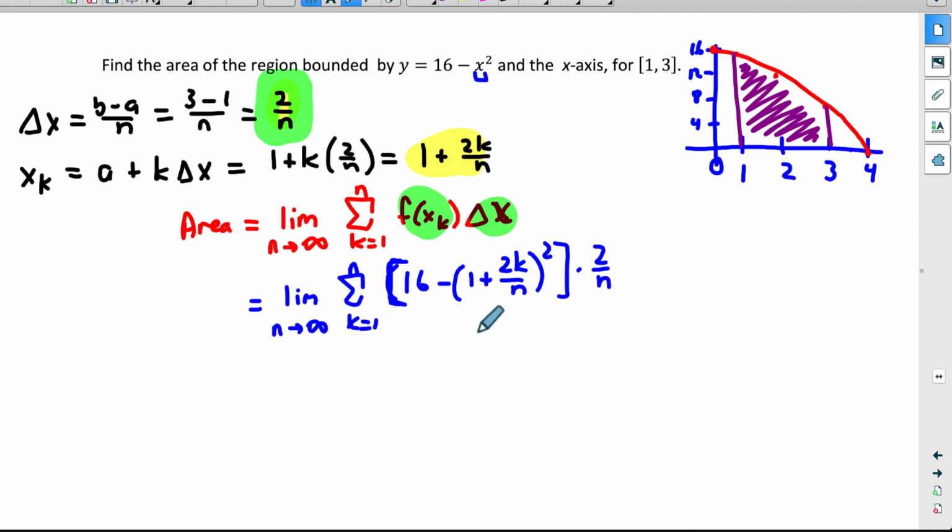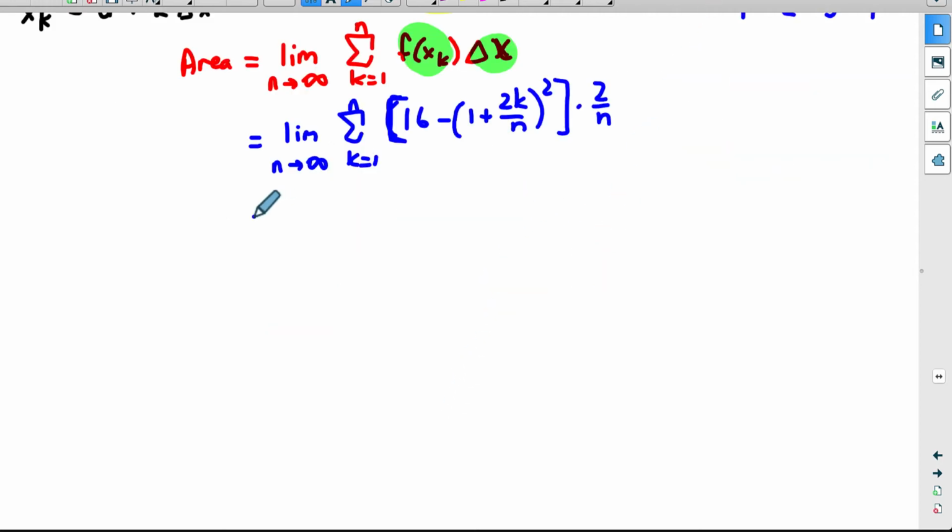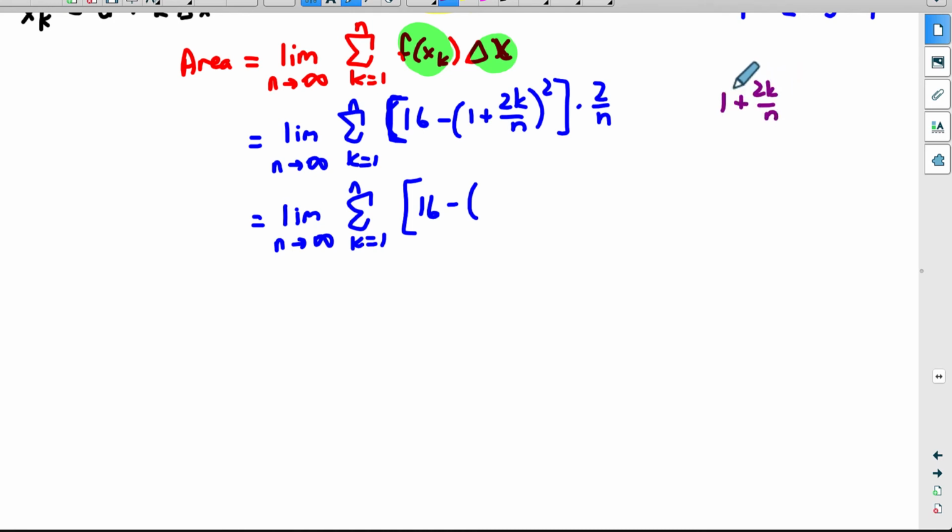And now we do a lot of simplifying. So I'm going to write the first part again. So I have 16 minus, now I've got to square this. If that's hard to do in your head, you might want to write that out twice, right? We're doing 1 plus 2k over n multiplied by another 1 plus 2k over n, and then we're doing our mountains and our valleys. We're doing it all.